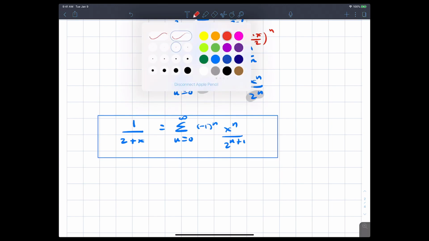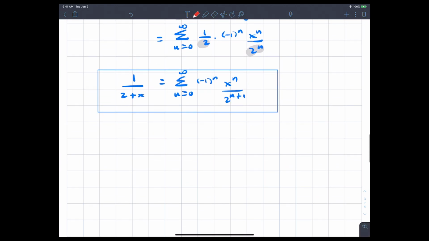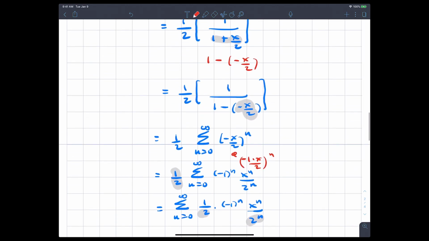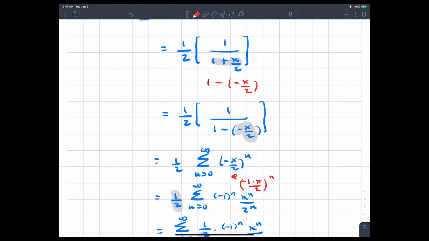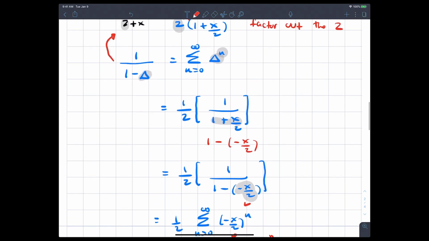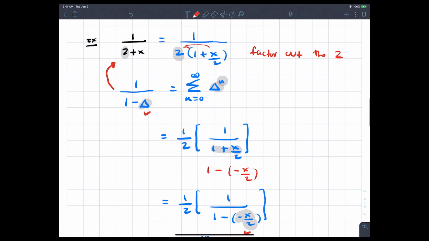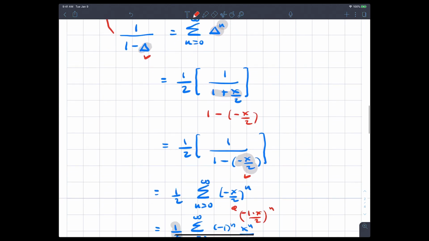And we want to note, again, the interval of convergence. If I go back and say to you, this is the r value, that minus x over 2, right? This is what we're looking for. There it is. Okay.